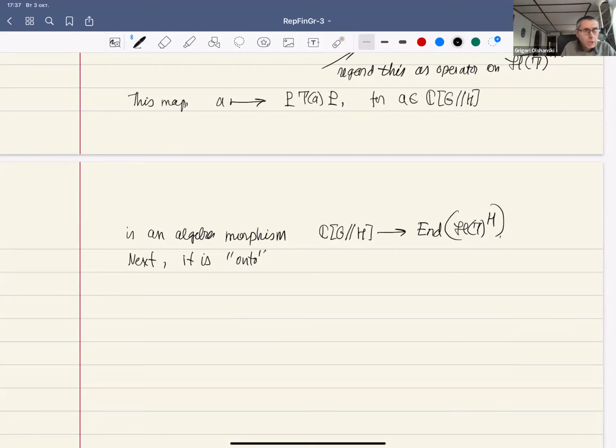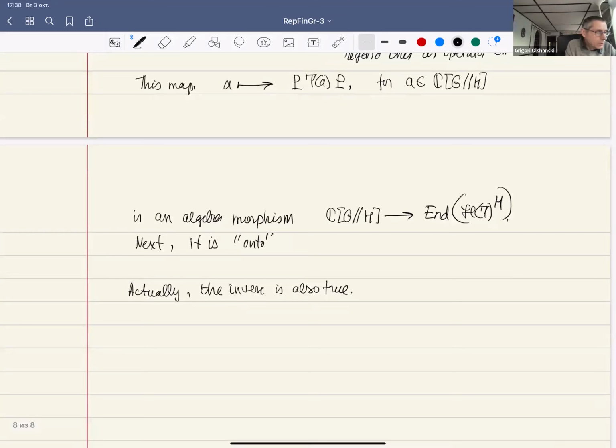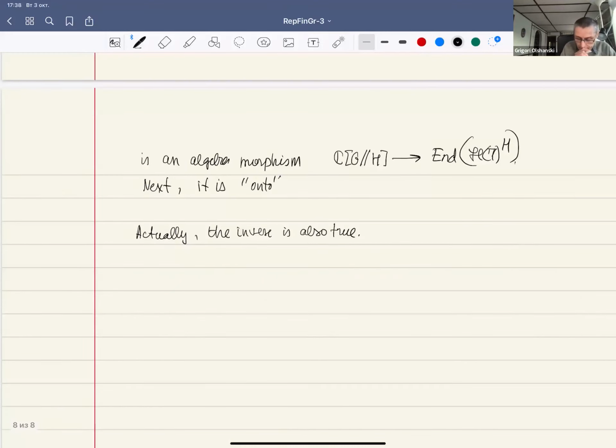Actually, I don't have time to prove the reverse claim, but the inverse claim is also true. And we have only a few minutes. So, okay, I have to stop. I will discuss it the next time, but I would like only to produce some examples.